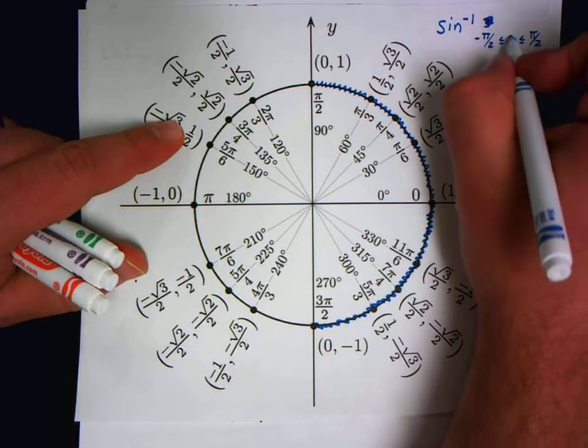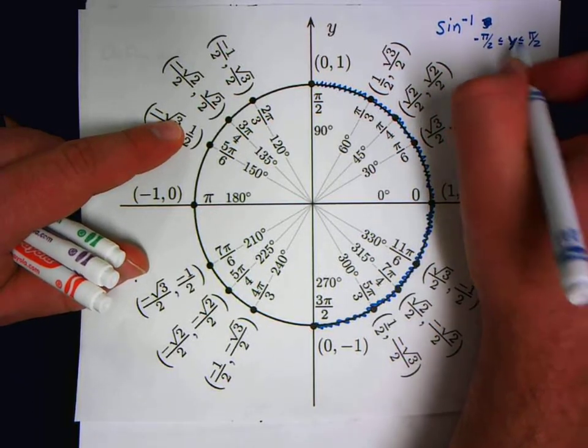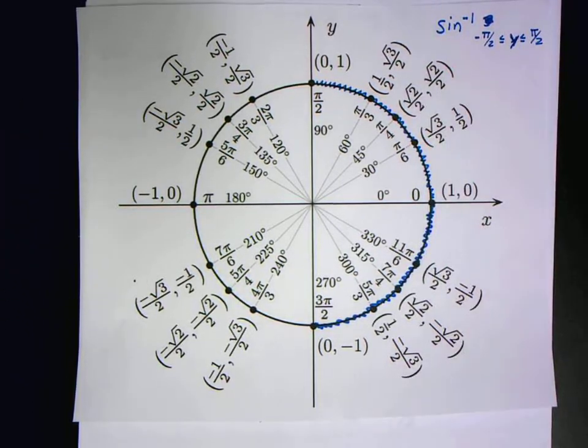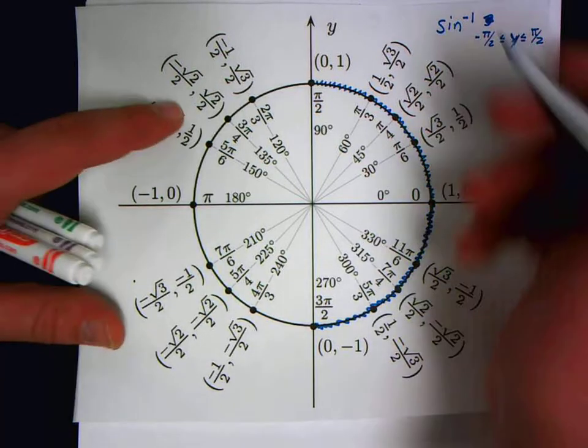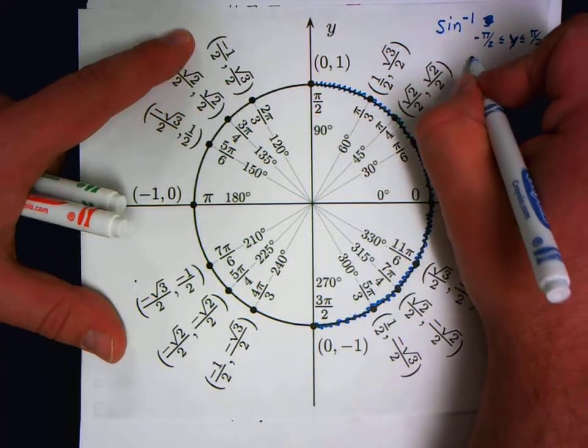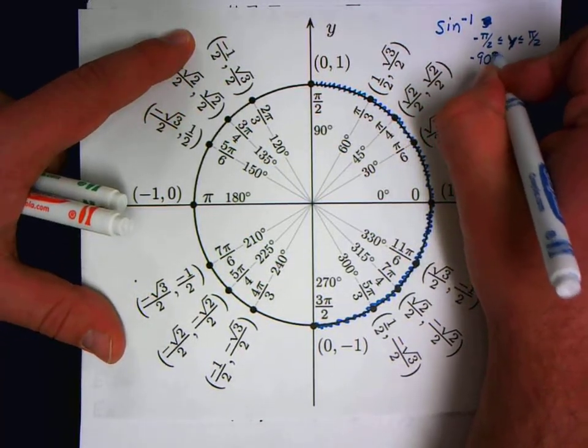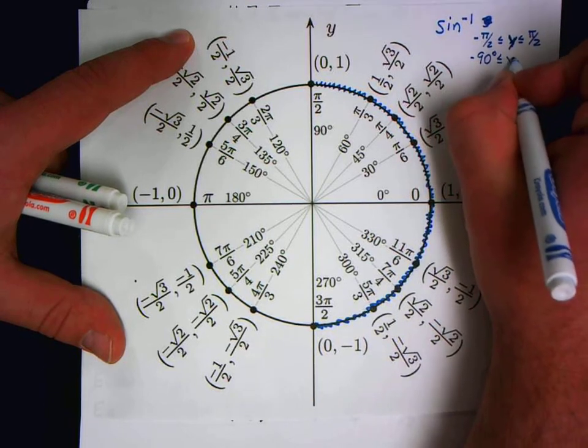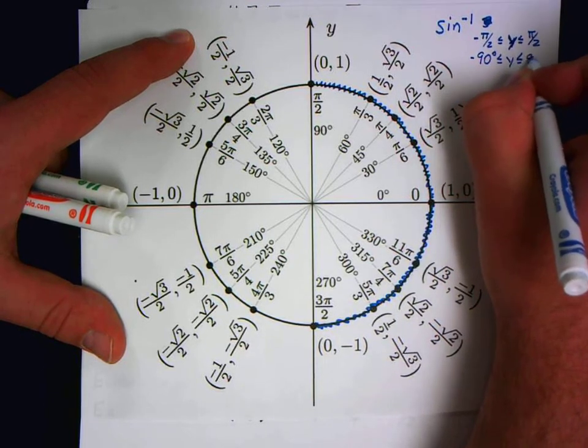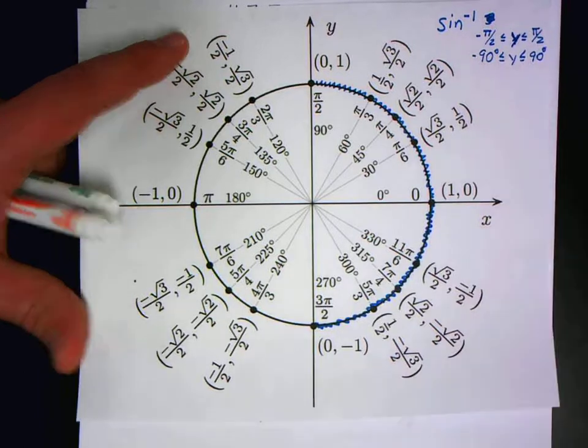I should put that as y, sorry. So whenever you plug in numbers, you will always get back a number in between pi/2 and -pi/2. Or if you're looking at degrees, you'll always get back a number in between -90 degrees and 90 degrees.